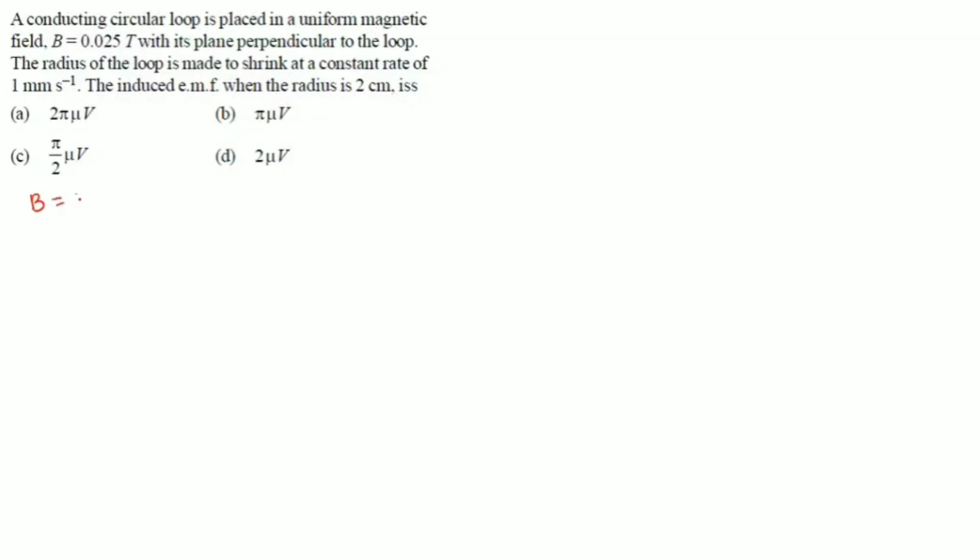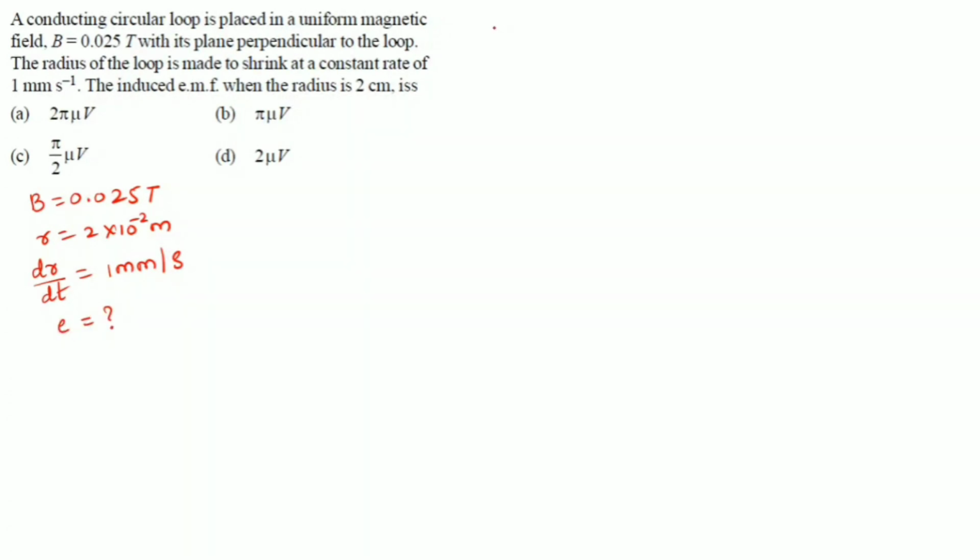Magnetic field is 0.025 Tesla. Radius is 2 centimeter, that is 2 into 10 raised to minus 2 meter, and this radius shrinks at the constant rate of 1 millimeter per second. This radius is changing with respect to time, that is 1 millimeter per second. So we have to calculate induced EMF.